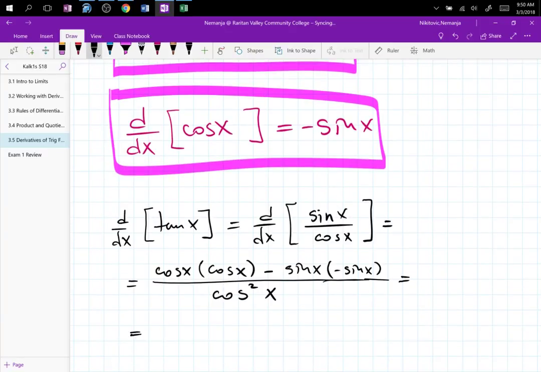So now we have cosine times cosine is cosine squared x, and then negative sine times negative sine is positive sine squared x, over cosine squared x.